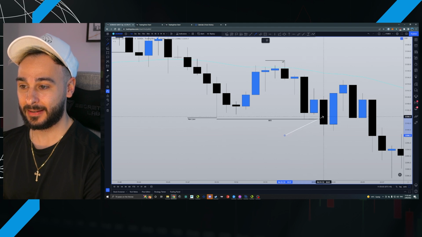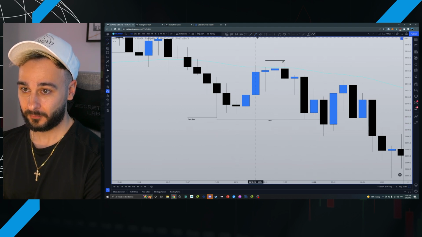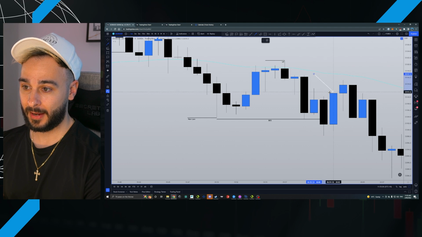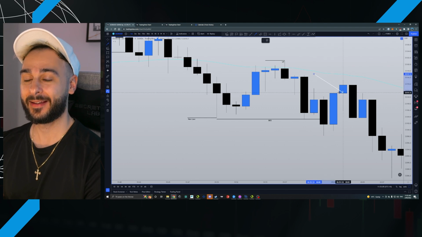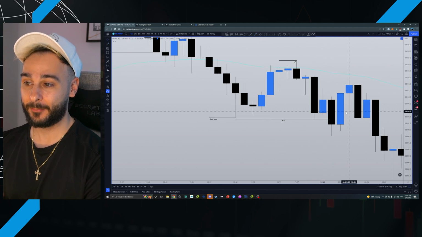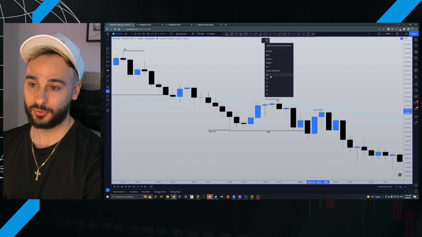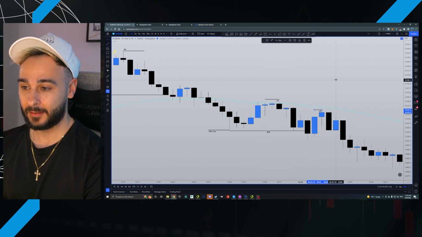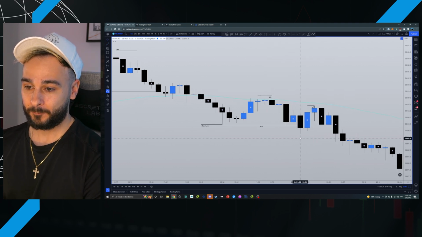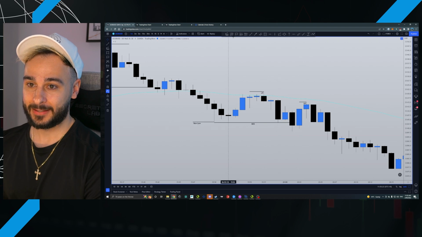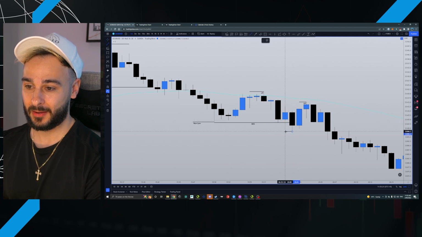And this candle here did exactly that. We create a new high followed by another new high, creating our pullback. So this is our pullback, our new lower high. And this would be our new lower low.